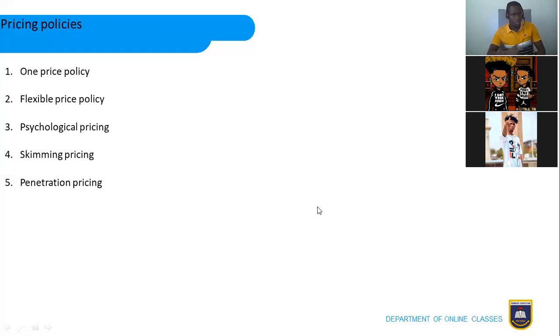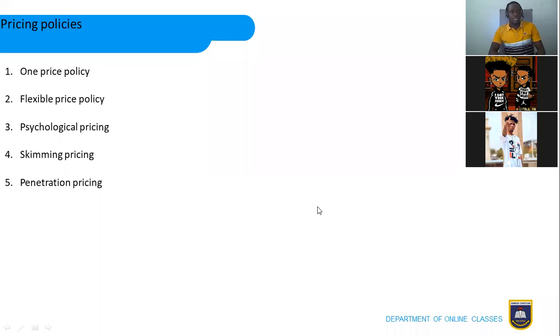One price policy. So, what happens here is that this is where the same product or the same service is rendered to people at one price, or at the same price.